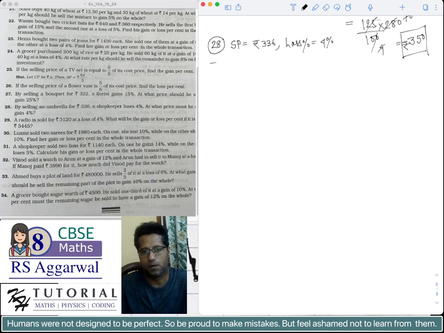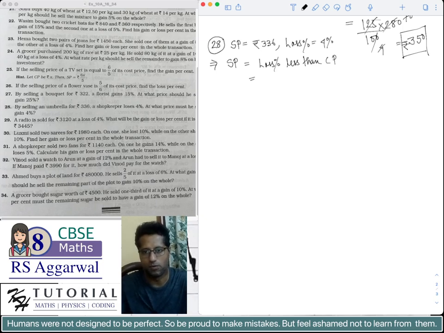Now we know that if there is a loss, the selling price has to be equal to loss percent less than CP. This is the basic concept of formula.